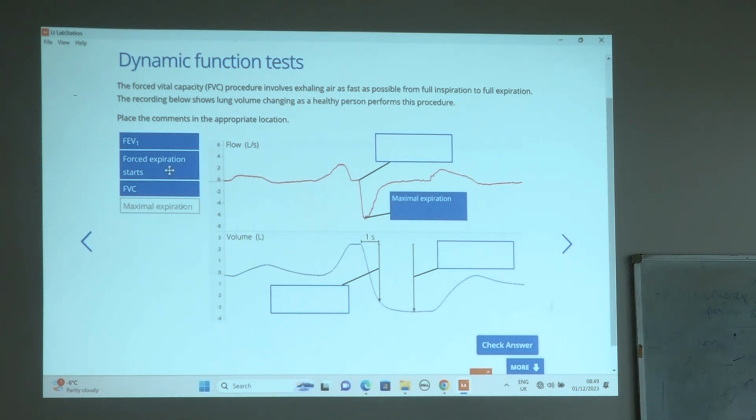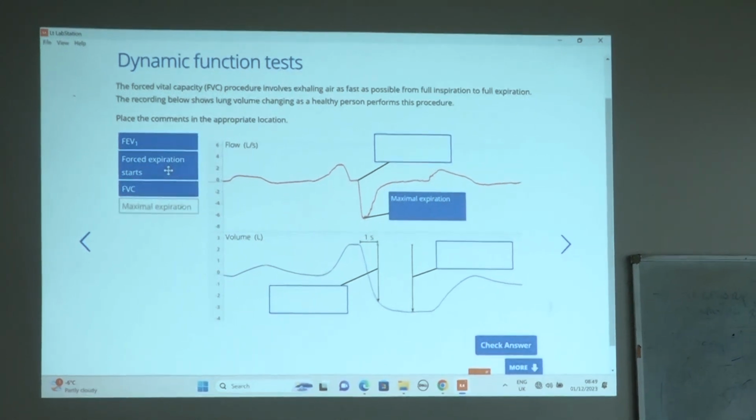So are we going to get a more positive deflection or more negative deflection? Negative. Right, so where does that start? There. We can see that this is around the tidal volume where we get our data. So from the level of tidal volume, the forced expiration starts there.